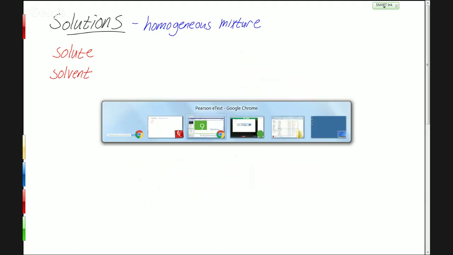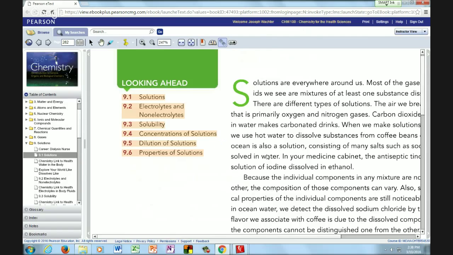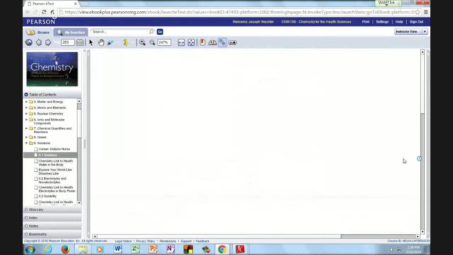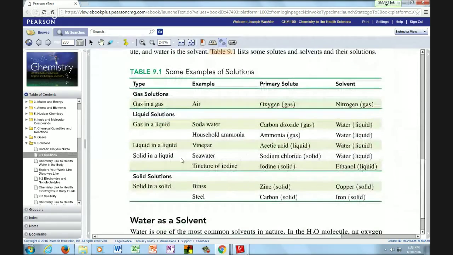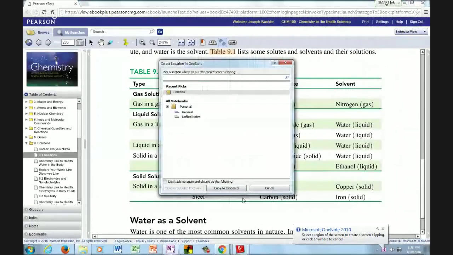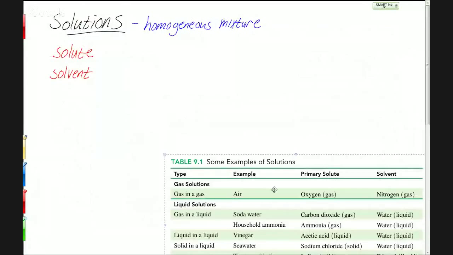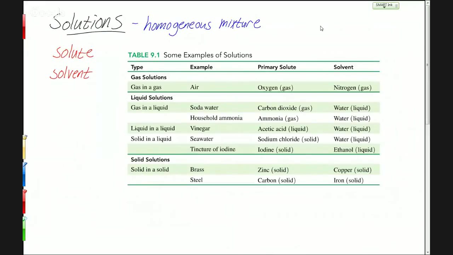And I think this table in the book does a nice job of showing that. So I want to pull in this table. So you can see here that there are all kinds of solutions. Usually the one that we're most familiar with is this one.